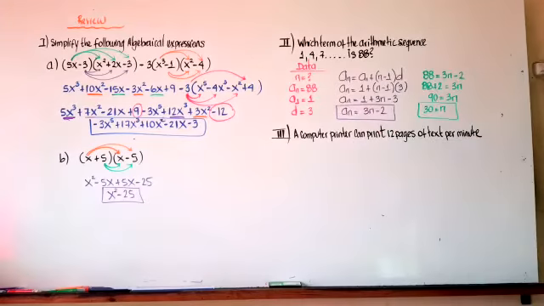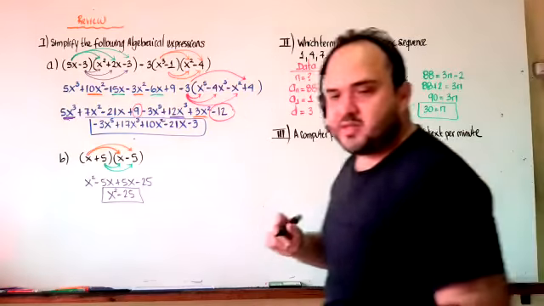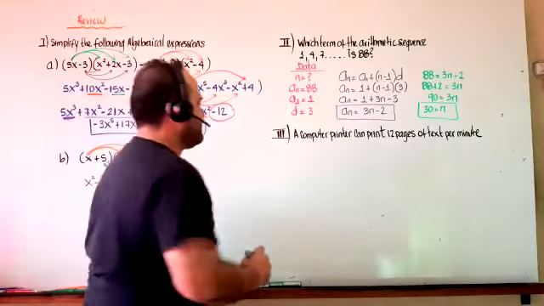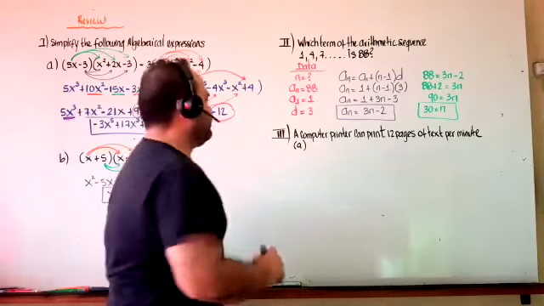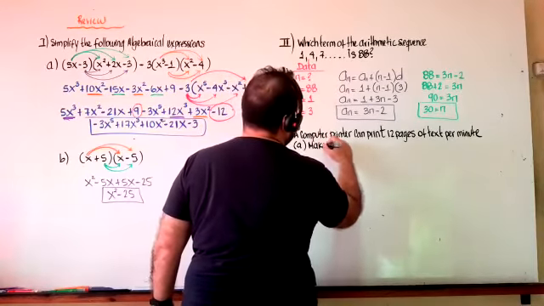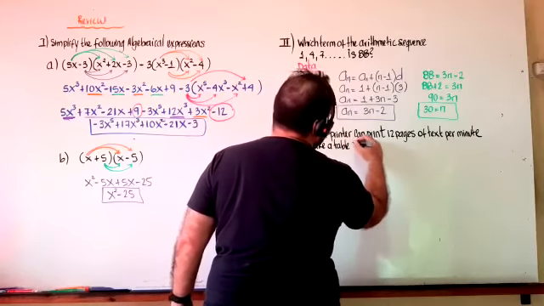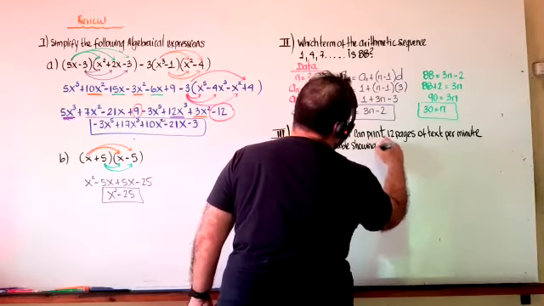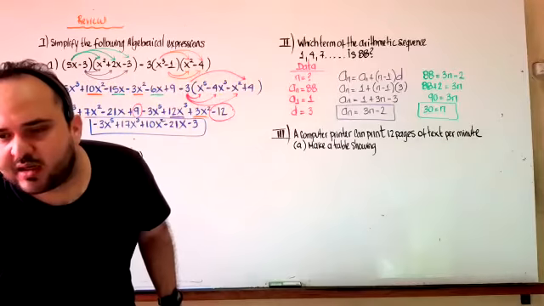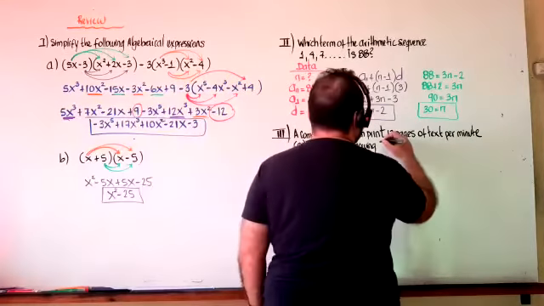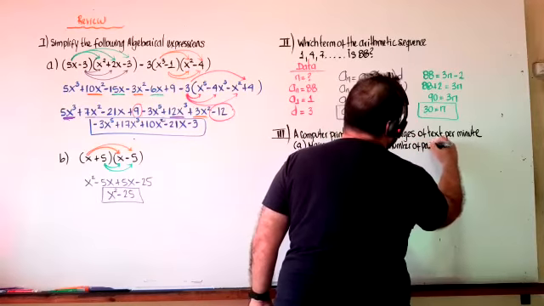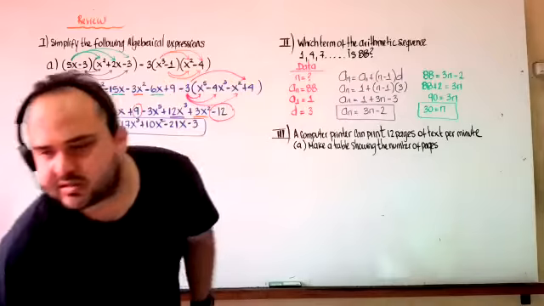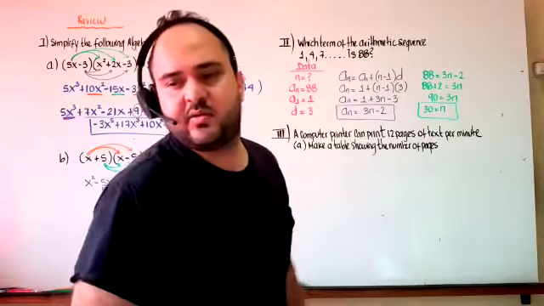Okay, per minute. What will be the next situation? Okay, 12 pages of text per minute. Letter A says, make a table showing the number of pages printed in 1 to 5 minutes.